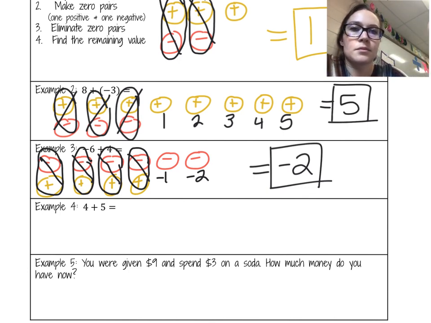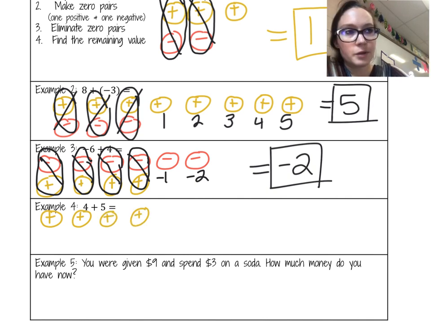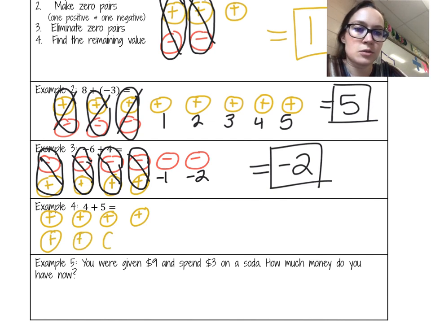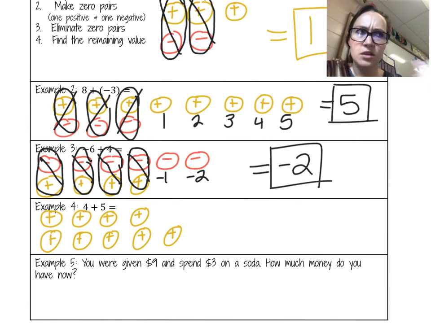Okay. So 4 plus 5. I'm going to draw my 4 positive ones. 1, 2, 3, 4. Then I'm going to add my 5 positive ones. 1, 2, 3, 4, 5. And oh, I can't make any pairs. There's no negative, so I can't pair them up and cross them off.